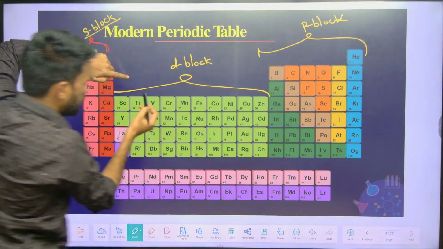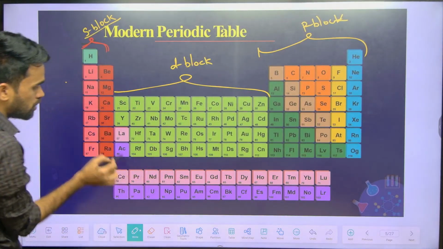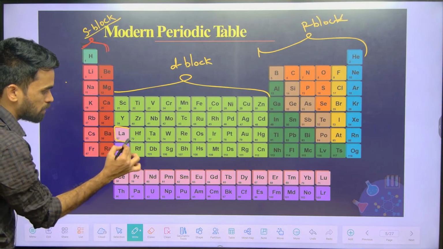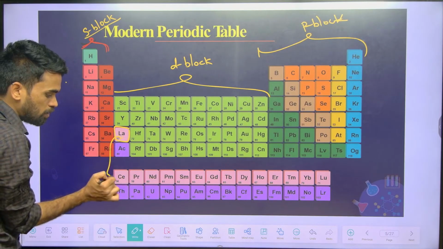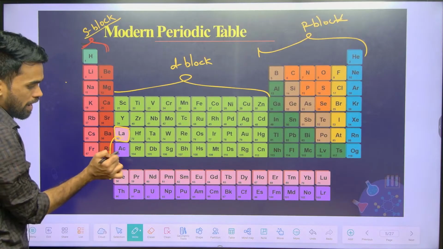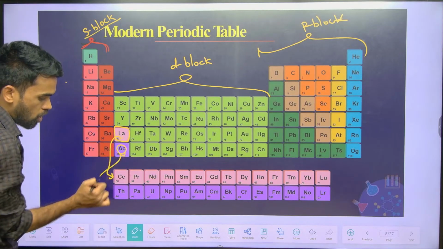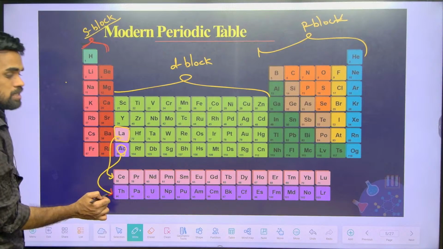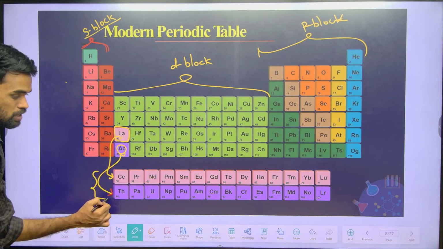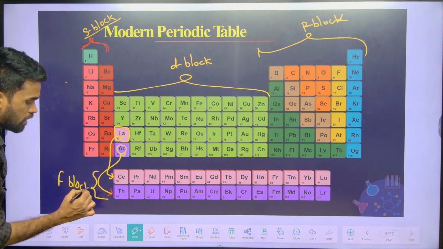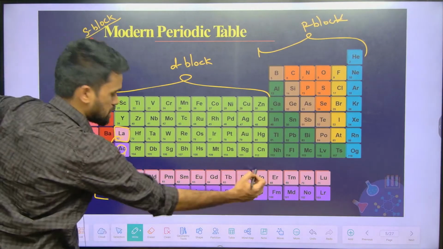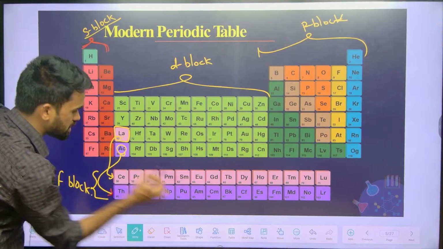Within the D block, there is lanthanum with this particular color. At the place of lanthanum, all these elements should be placed, and at the place of actinium, all these elements should be placed. It means the bottom 2 lines are called F block elements. The first series is called lanthanides and the second series is called actinides.